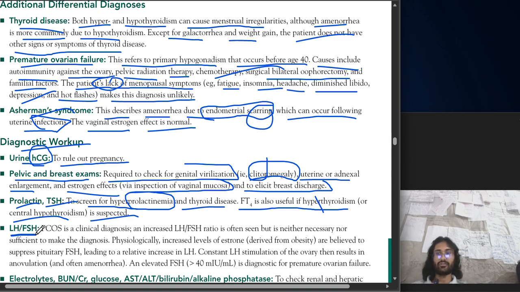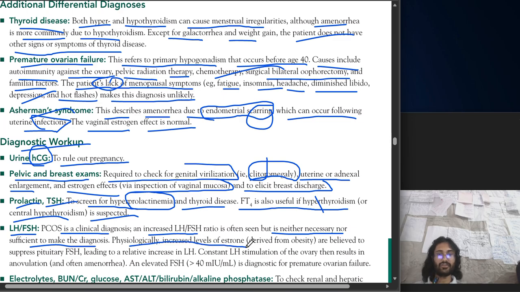Next, luteinizing hormone and follicle stimulating hormone, PCOS, polycystic ovarian syndrome. Now it is a clinical diagnosis. An increased luteinizing hormone to FSH ratio would be seen, but it is neither necessary nor sufficient to make the diagnosis.